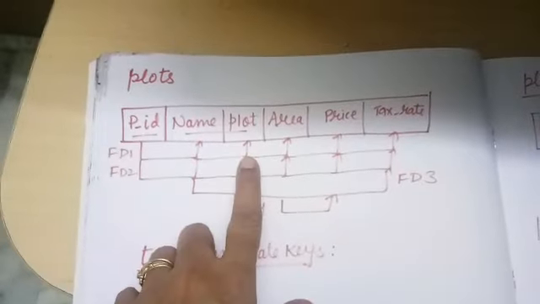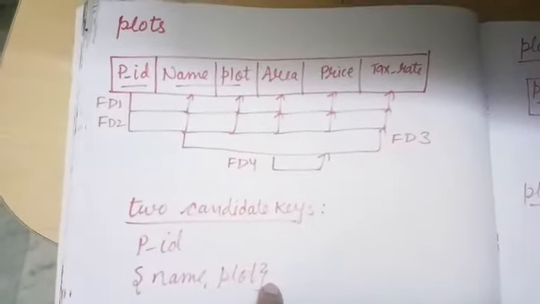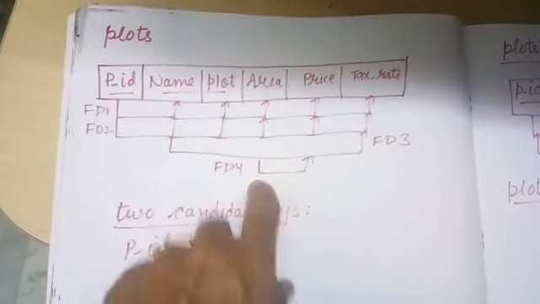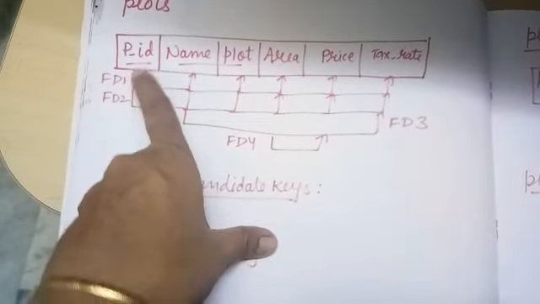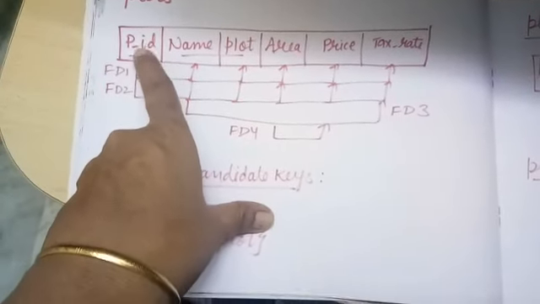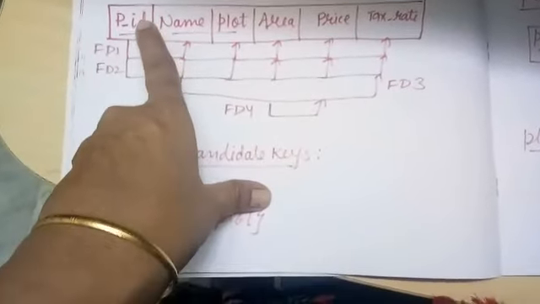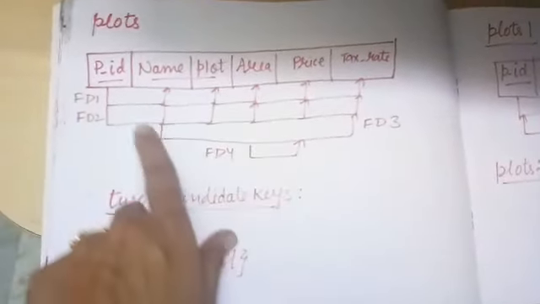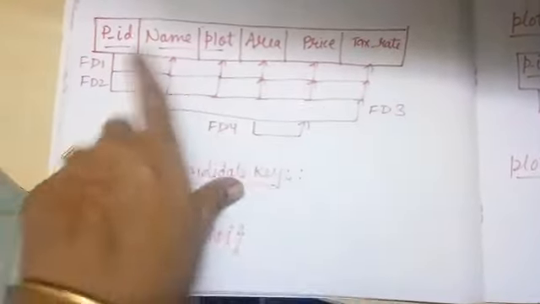We will take another example. Plots relation. There are two candidate keys, PID and name and plot. In this relation, FD1 is okay, FD2 is okay, because if there is a single attribute, the test need not be applied, right? If there are two attributes, look, FD1: all are dependent on PID, okay.